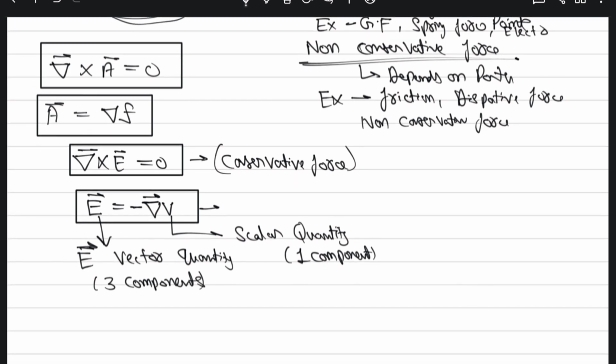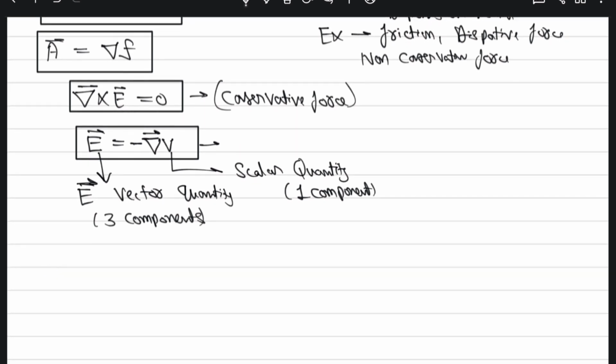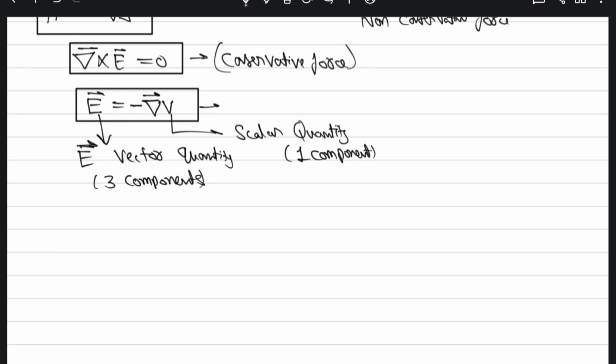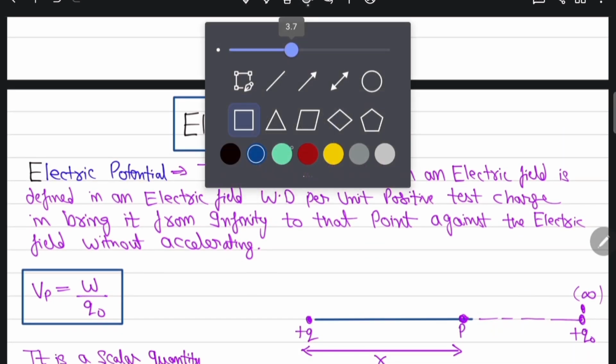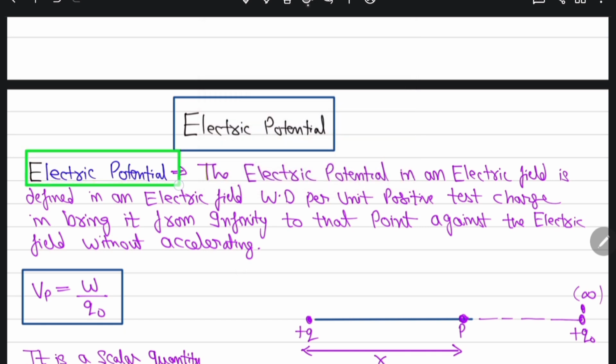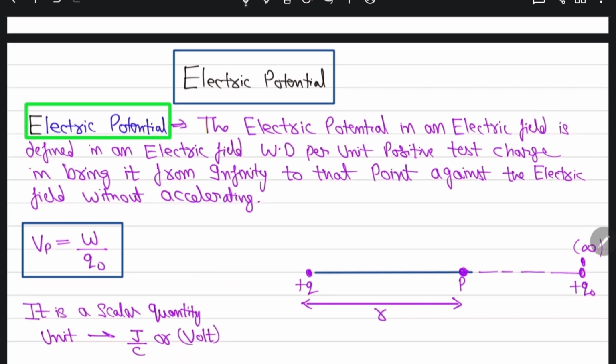Now we are going to proceed to find the electric potential and potential difference due to point charges and due to continuous charges. This is electric potential. Suppose I give a point charge here, and I have to find the electric potential due to this charge at this point.